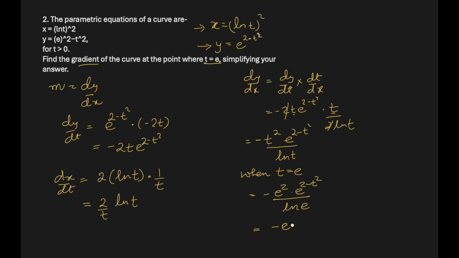So minus e to the power 2 plus 2 minus e square, because t is again replaced by e. So what do we get? Minus e to the power 4 minus e square. This is the gradient. We have not been asked to give exact, but they have said simplify your answer, so that's fine. Simplification is over, no need to convert to decimals.